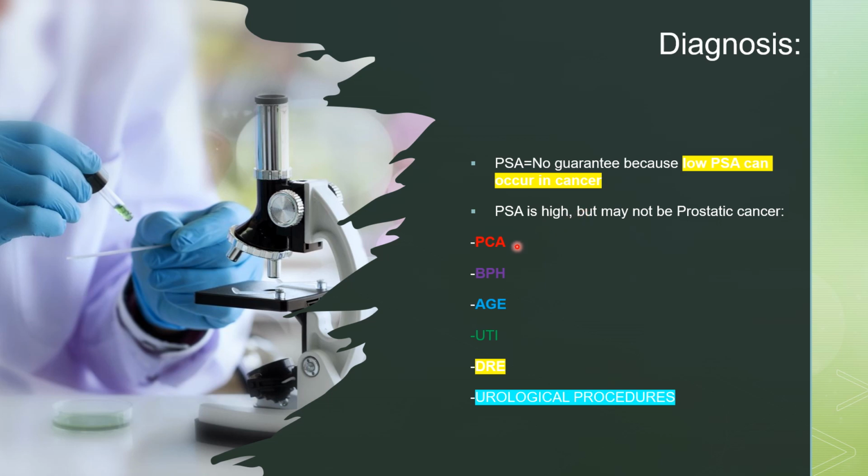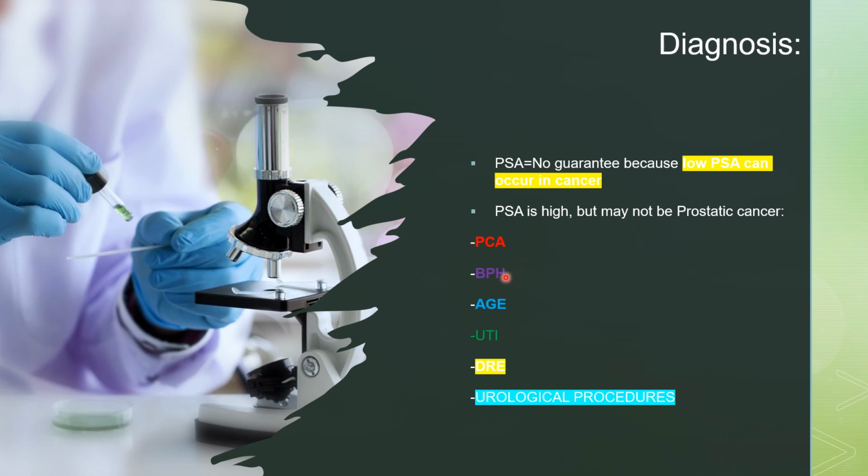A high value of PSA may not be as a result of prostate cancer. So if we pick a high level of PSA, if I'm saying today that it might not be prostate cancer, then what can it be? Okay, now let's go through it.